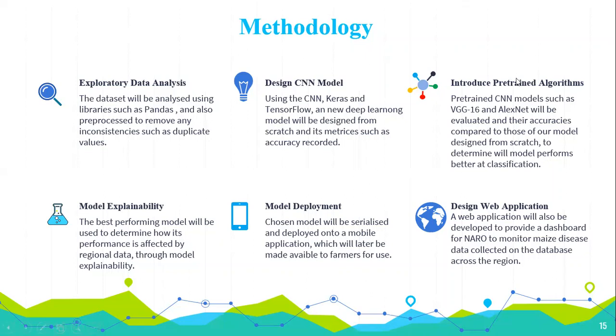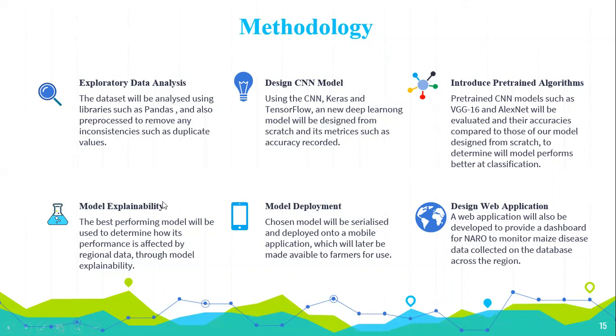We shall also introduce pre-trained models or algorithms like VGG16 and AlexNet, and we shall compare their accuracies or their performance with that of our model to determine which model performs better at the image classification.